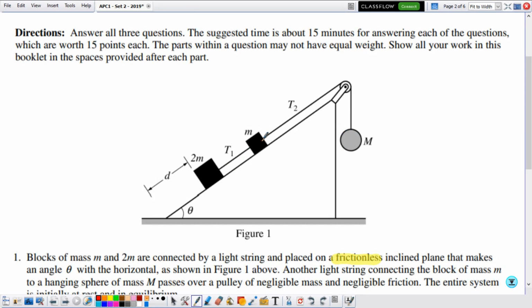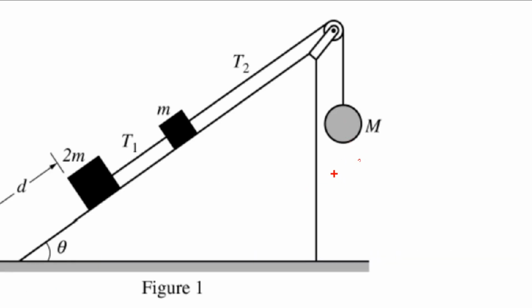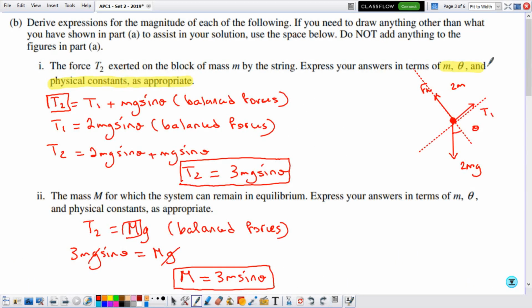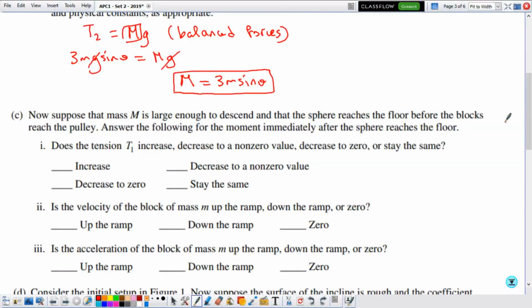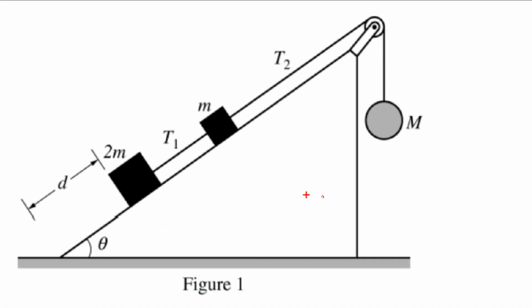So the blocks will move up the ramp and the sphere will move down. Now the sphere will hit the ground before these two reach the pulley. Answer the following for the moment immediately after the sphere reaches the floor. So all of these questions will be answered based on the fact that the moment that the sphere hits the ground, these blocks haven't reached the pulley.